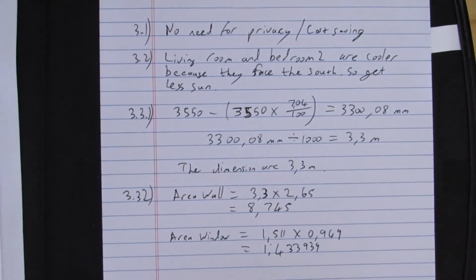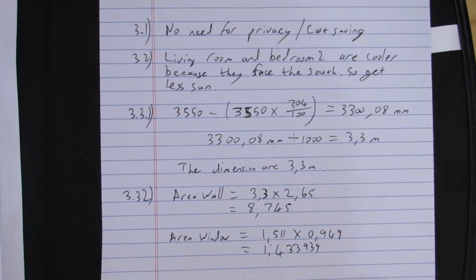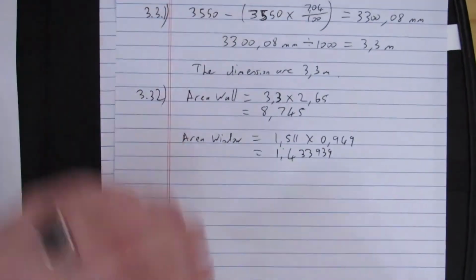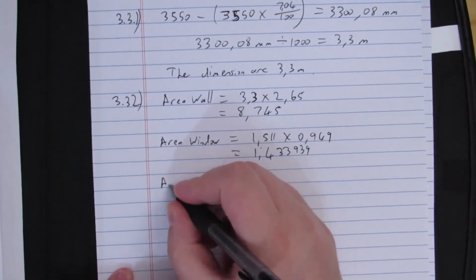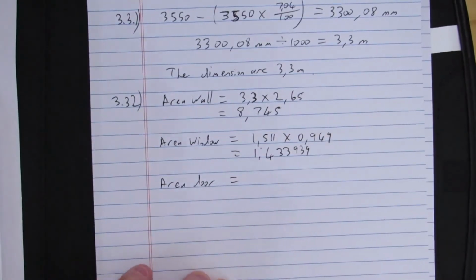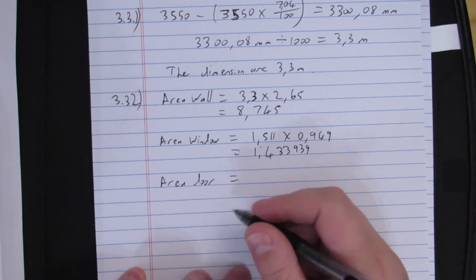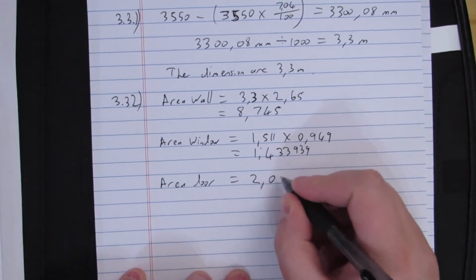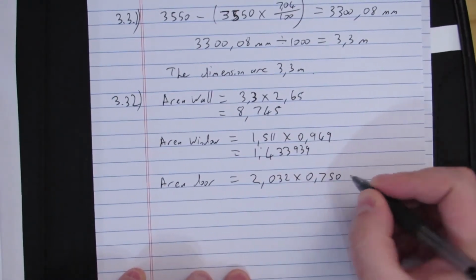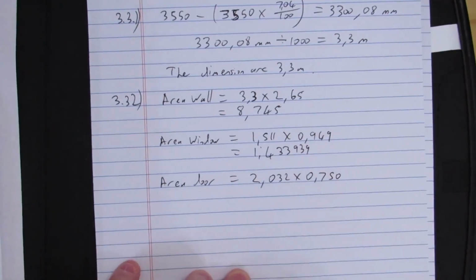Alright, let's take a look at the area of the doors now. Give myself some space here. So, area of the door. My door dimensions that I've been given are 2,032 by 750 millimeters, so 0.750.